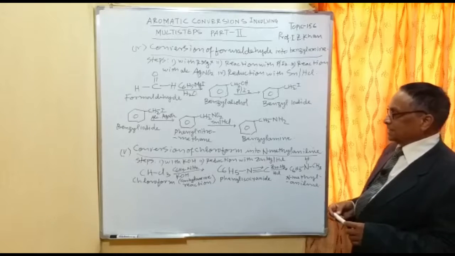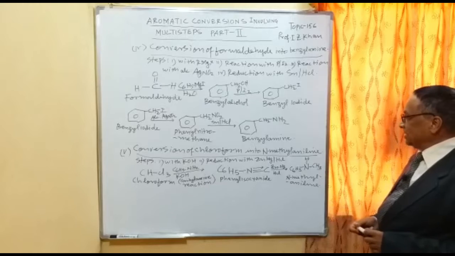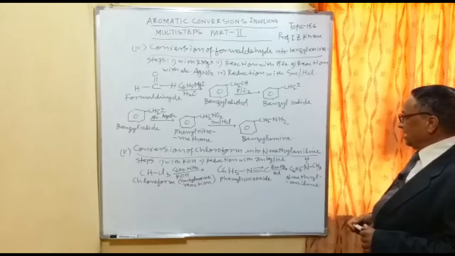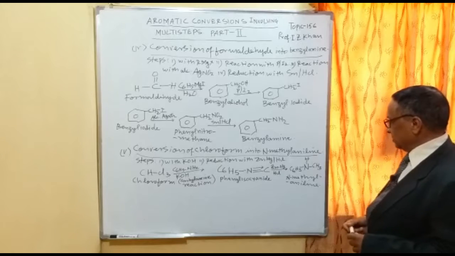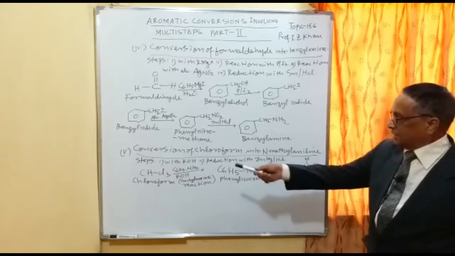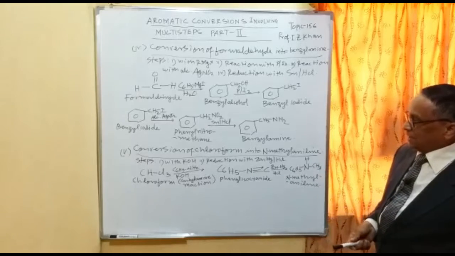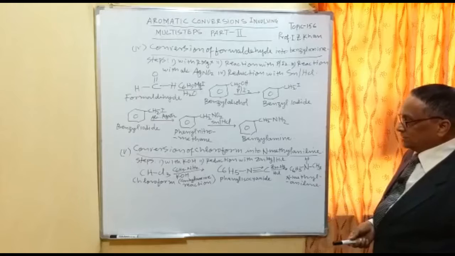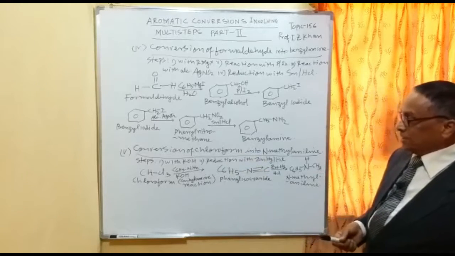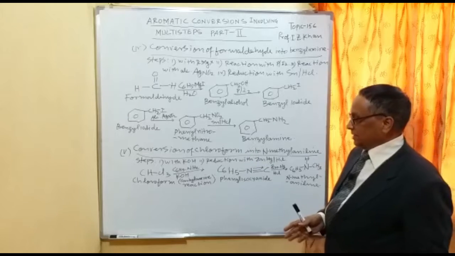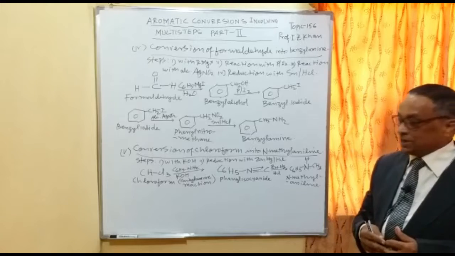Number 5 is the conversion of chloroform into N-methyl aniline. So how do we convert to N-methyl aniline? There are 2 steps, and in the first step, it is treated with KOH in the presence of aniline. This is an important reaction, when you are treating chloroform with aniline in the presence of potassium hydroxide.